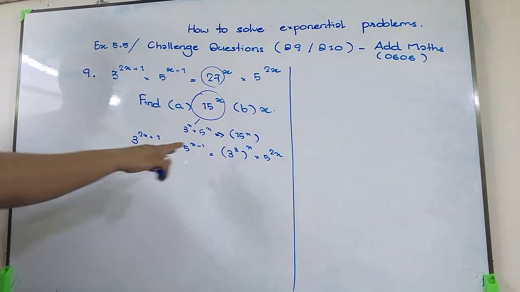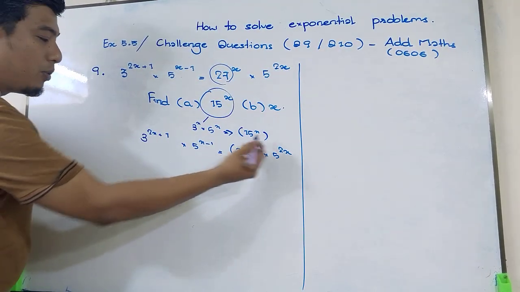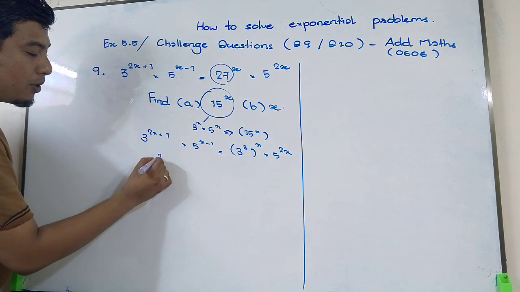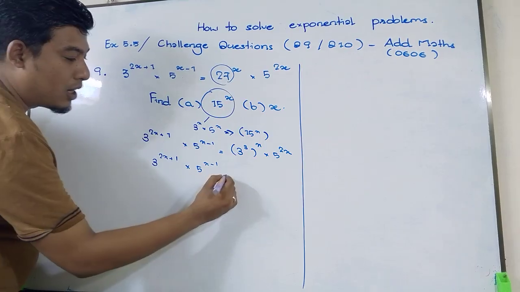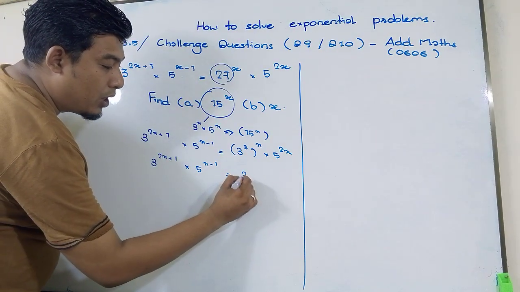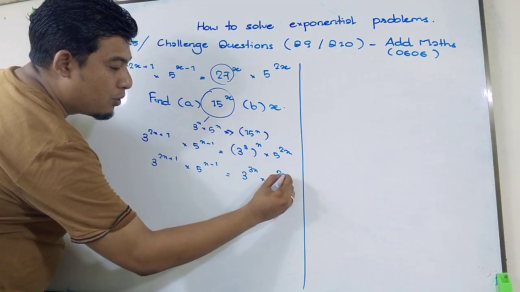For the next step, you have to multiply power over a power. You can multiply the two powers. So 3 to the power 2x plus 1 times 5 to the power x minus 1 is equal to 3 to the power 3x times 5 to the power 2x.